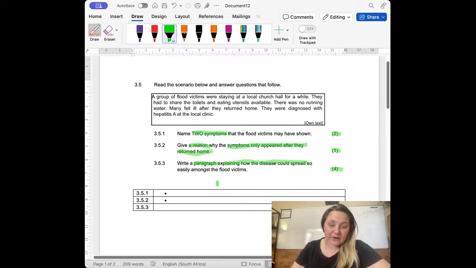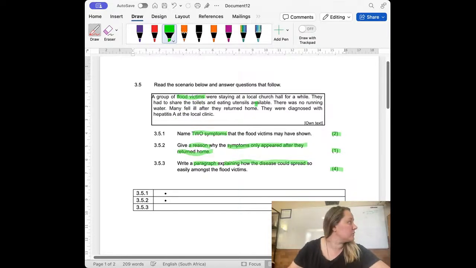Now, once I've read through the questions, I advise my learners to go back to the case study and then with your highlighter, highlight the information that you know you're going to need to answer the questions. So reading again, a group of flood victims. That's important because it's got to do with water. That means water contamination.